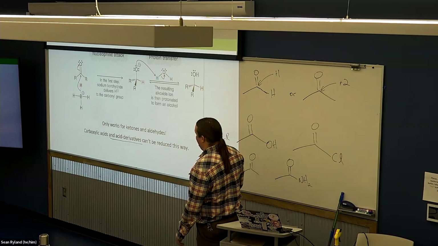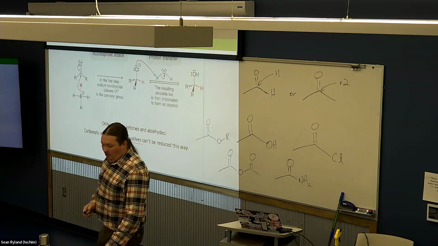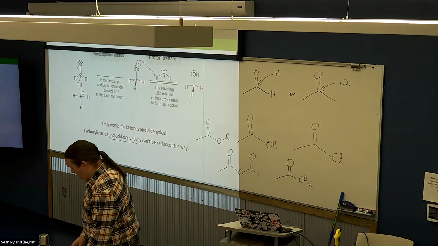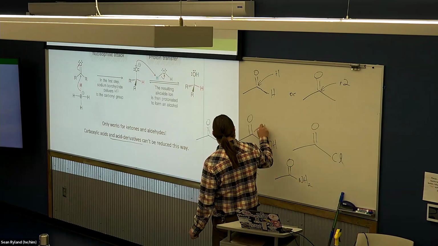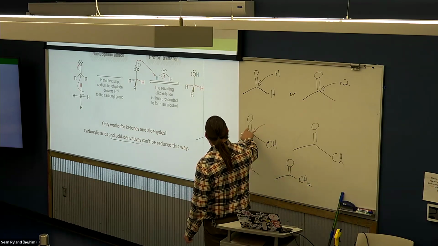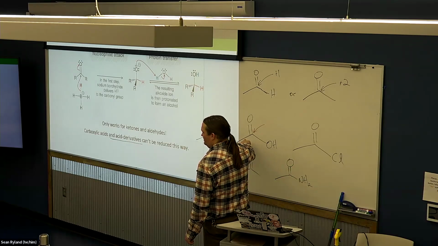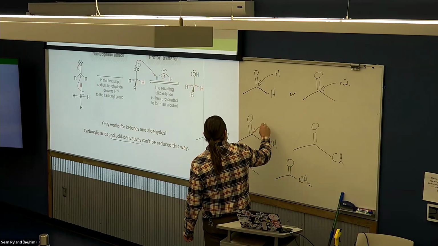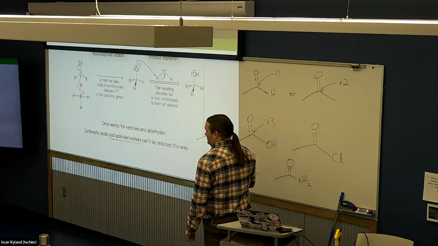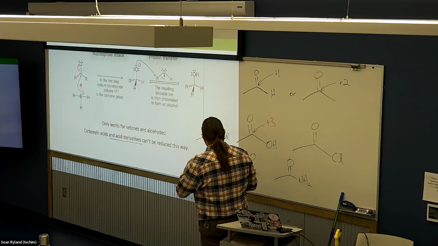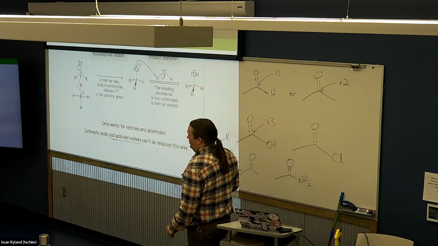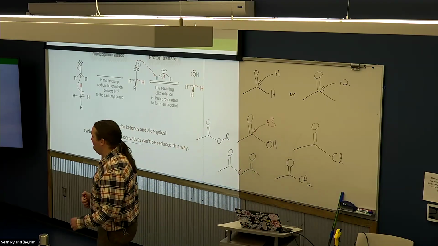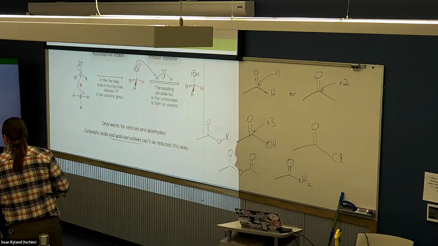But yes, those are all acid derivatives. They all get classified that way because if we look at the oxidation state of the carbonyl carbon, it gets none of those electrons, none of those, and 1 of those. So that makes it a +3 oxidation state, and that's going to be true for all of these acid derivatives. All of the acid derivatives have the same oxidation state on carbon.